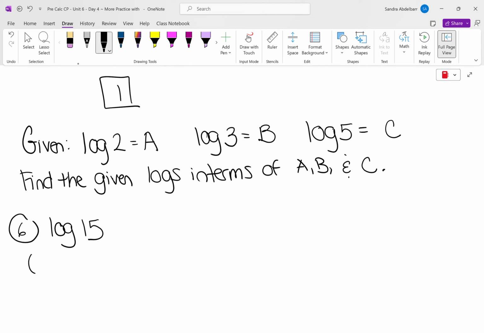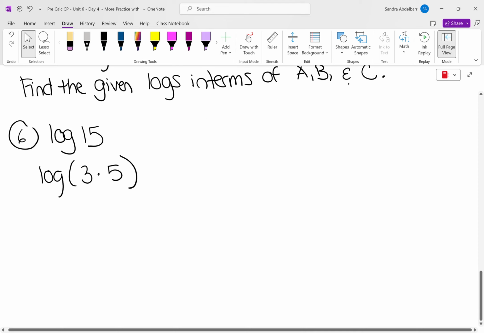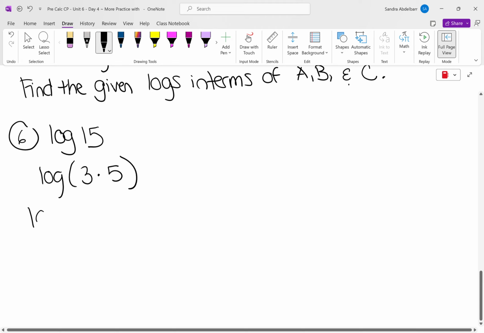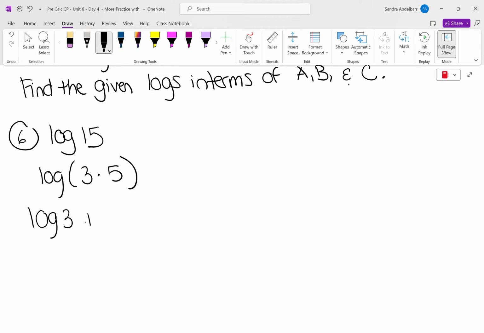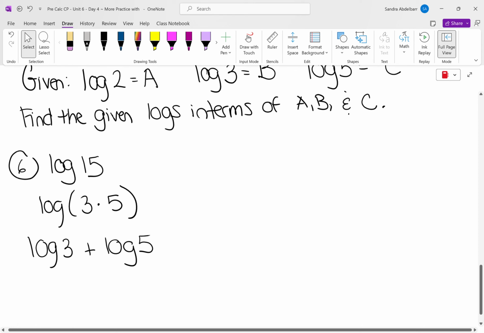So I'm going to change this into log of 3 times 5. So now what I'm going to do is I'm going to expand this. The arguments are being multiplied. So what can I change this to? I could change this into log 3 plus log of 5.